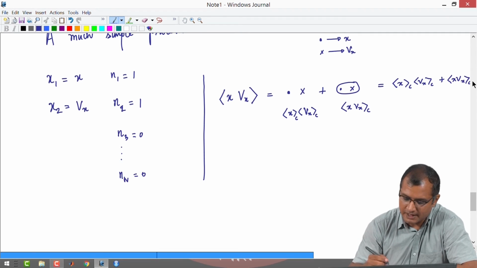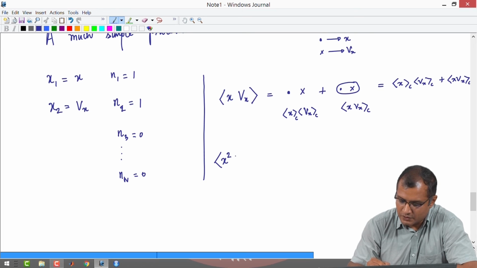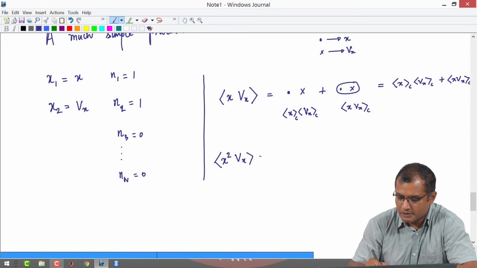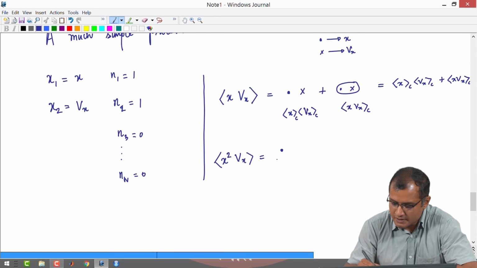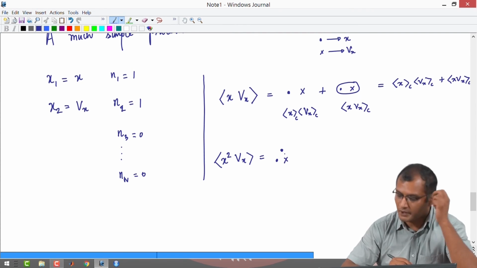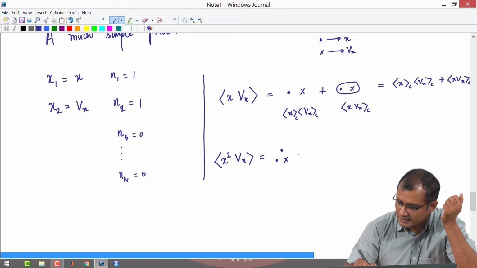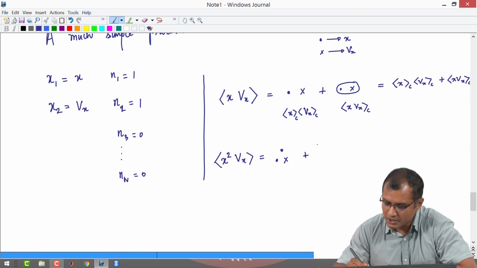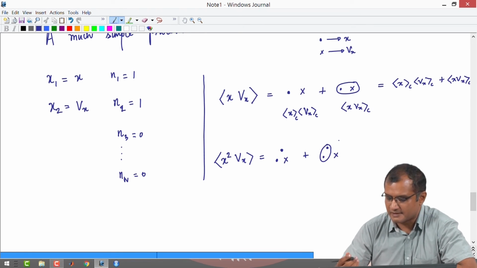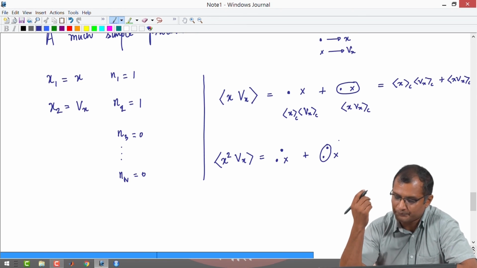You would be basically interested in finding out, let us say, x square into Vx. Now how do you do it? Well, there are two x's, so I will put two dots because the dot represents x, and there is one Vx which I will indicate as a cross, 3 points. Now I can arrange this in many ways. One way would be to connect the two dots and leave the cross as is. There is only one way you can do it.